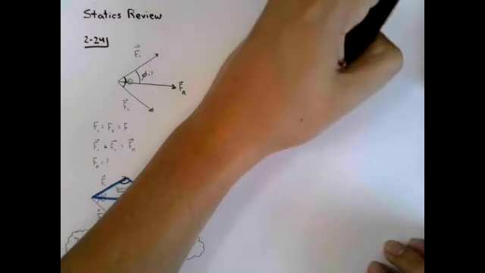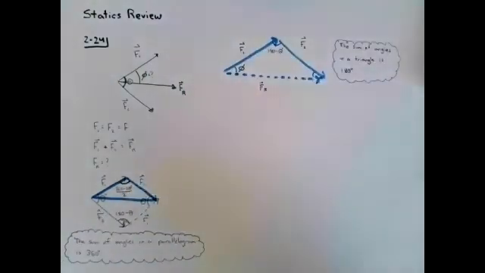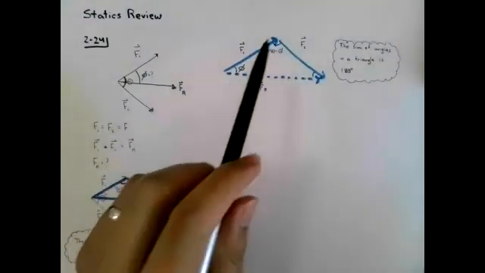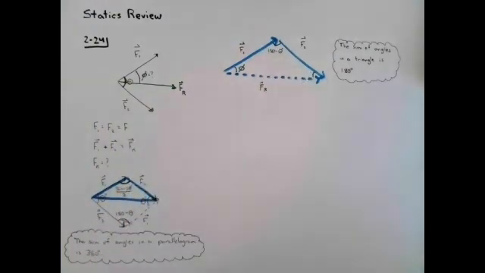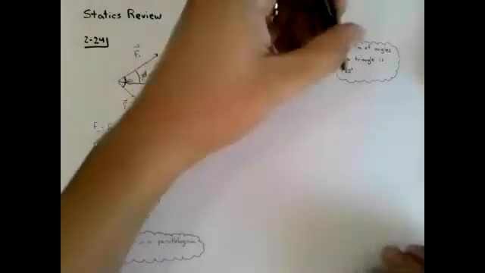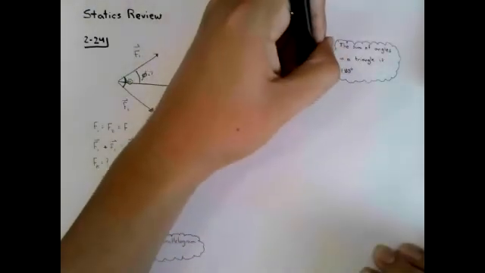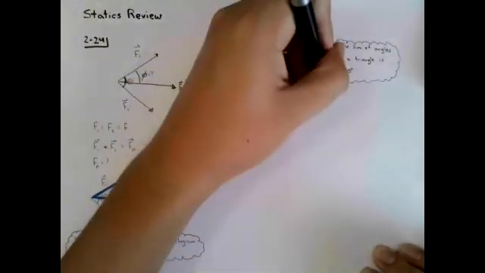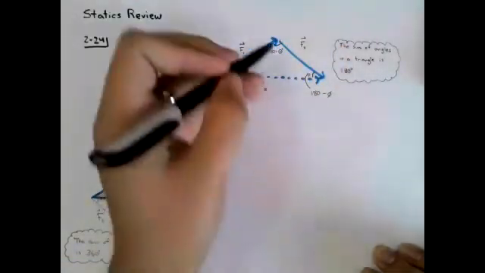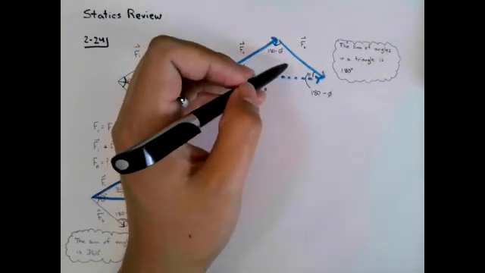So if we know that the sum of angles in a triangle is equal to 180 degrees, then I know that phi plus 180 minus theta plus this angle should be equal to 180. That means that this angle is equal to 180 minus phi minus (180 minus theta). Okay.